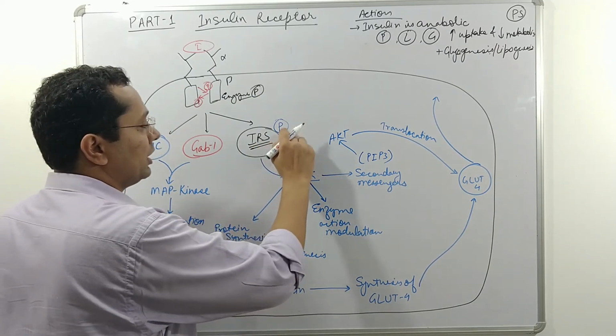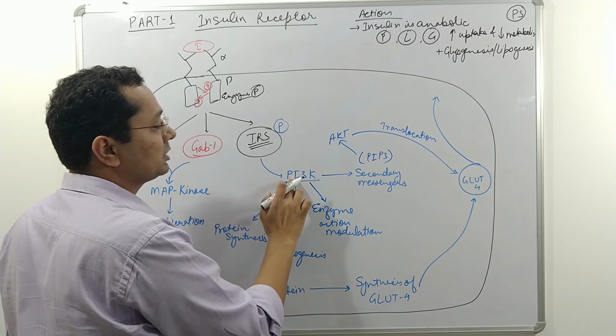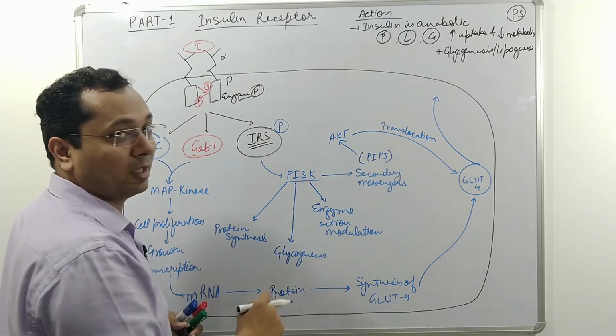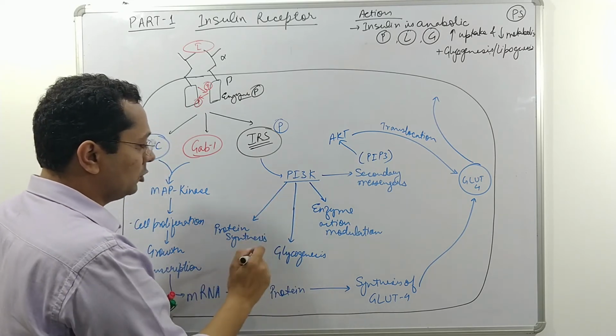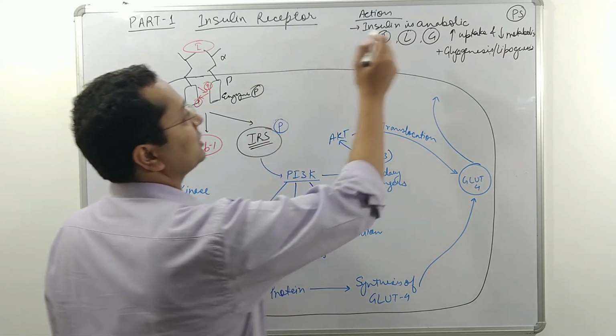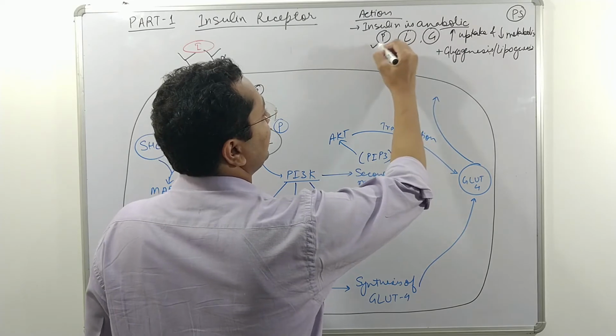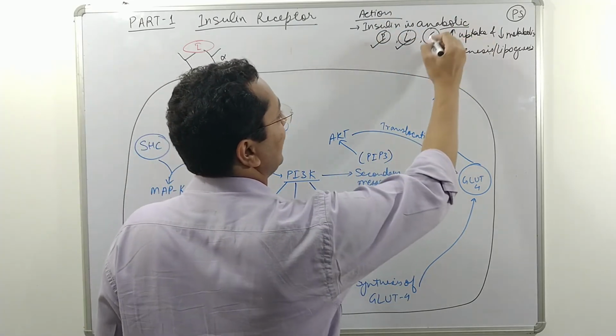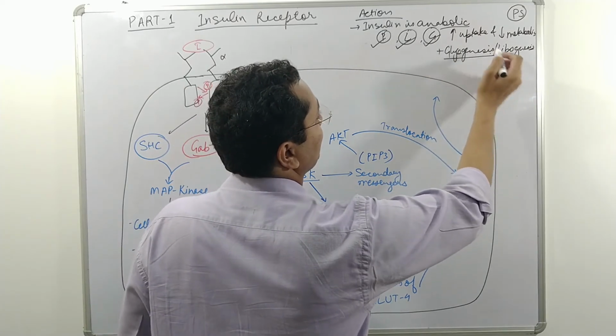So first it is phosphorylated and then it activates this PI3 kinase, which has its own array of actions. It leads to protein synthesis. As I already mentioned, insulin is anabolic, so this will lead to protein synthesis. It also leads to lipid synthesis, lipogenesis, and it also promotes glycogenesis.